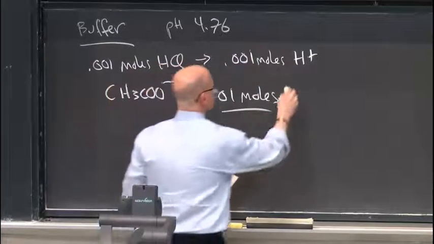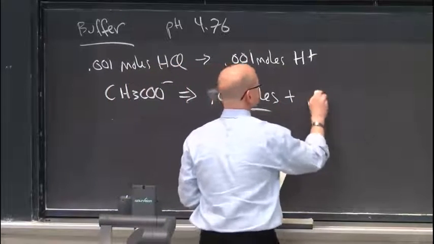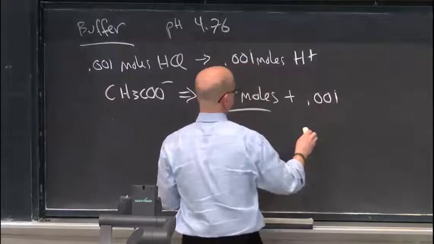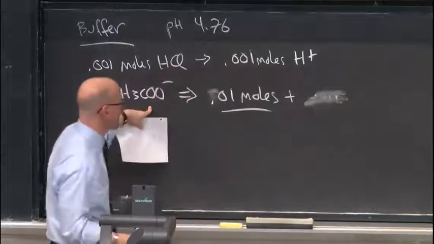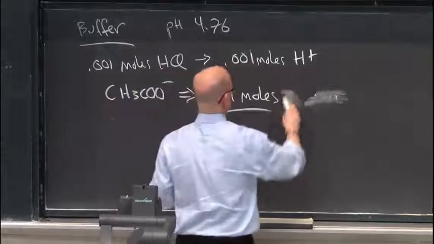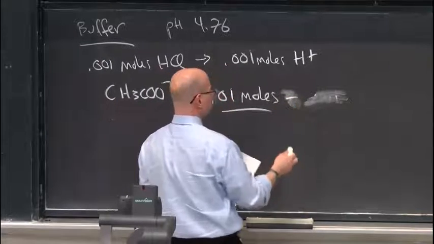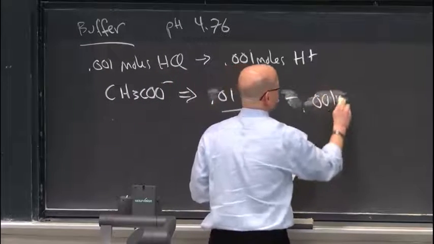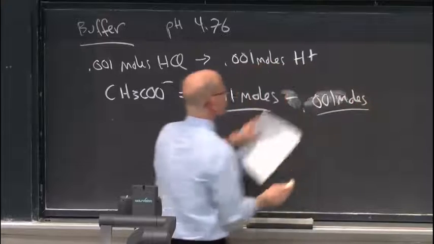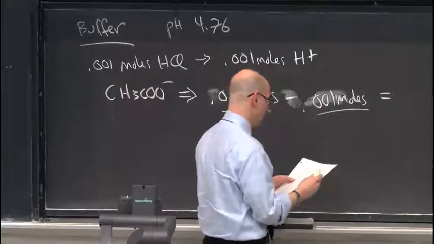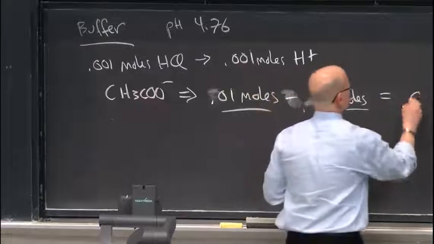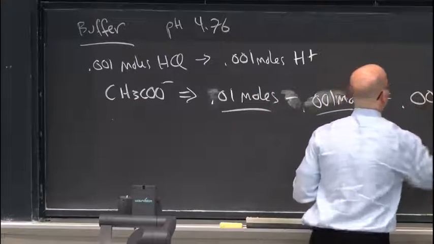Sorry, I apologize. This acetate anion is going to be consumed by that proton. So we're going to lose 0.001 moles of that because that's going to react with this proton. So our final concentration of acetate anion is going to now be 0.009 molar.